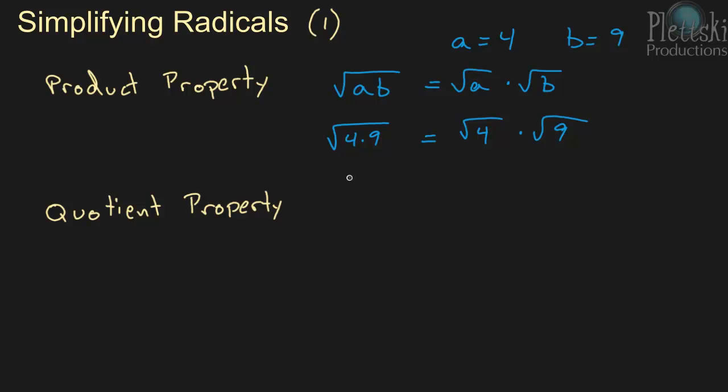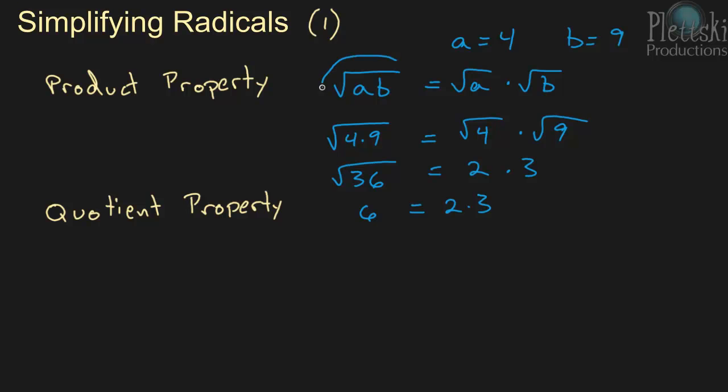So 4 times 9 is 36, so the square root of 36 should equal the square root of 4, which is 2, times the square root of 9, which is 3. The square root of 36 is 6, since 6 times 6 is 36. So 6 does equal 2 times 3.